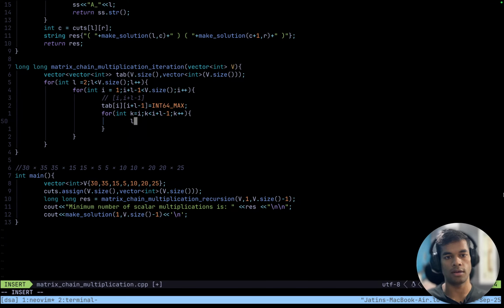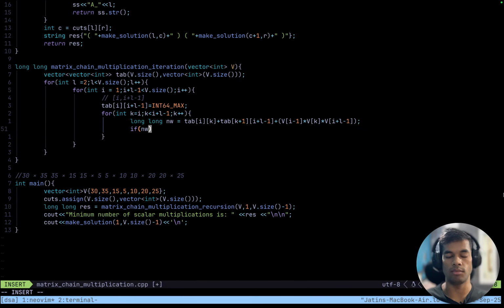So let's say the new solution is the answer for the left part, which is going to be tab from i going till k, plus tab k plus 1 till i plus L minus 1, plus, now is the funny part, v of i minus 1 into v of k into v of i plus L minus 1.